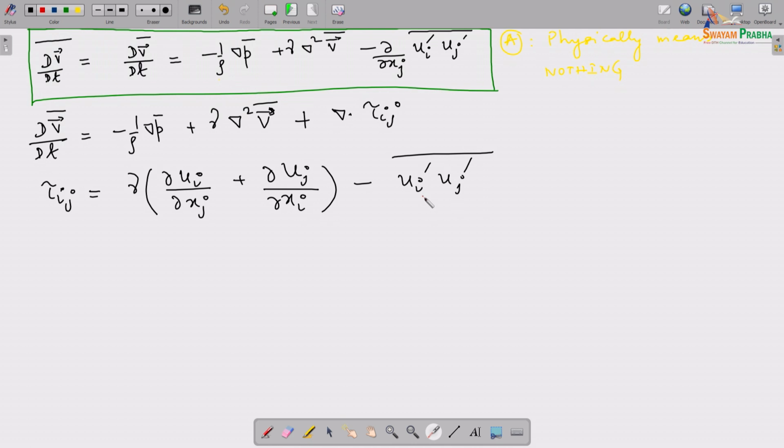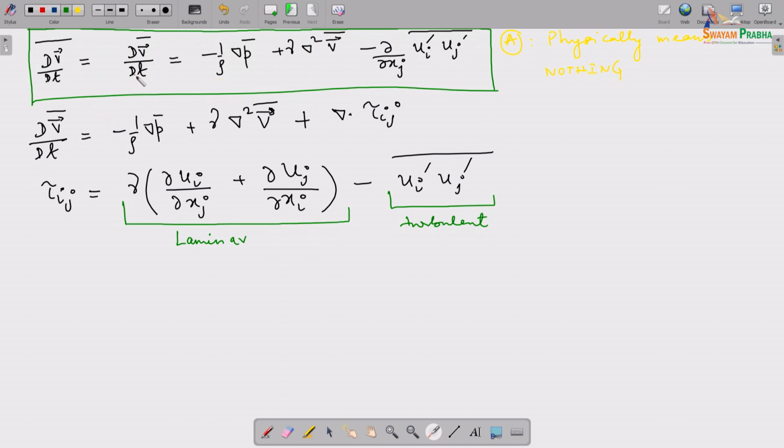Now this term here is interesting. This is clearly laminar, and this is turbulent. You see the reason for writing it in this fashion: this equation is telling me the total acceleration of a fluid.